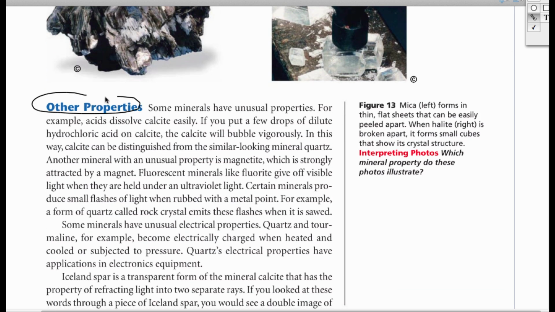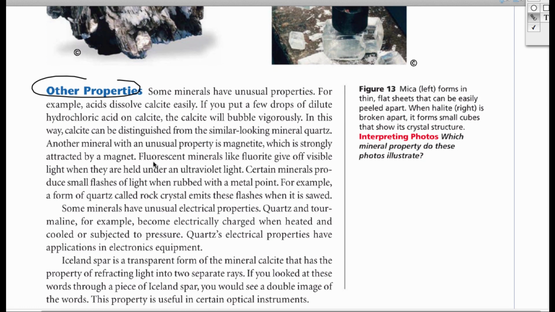There are some other properties, and we might as well mention them here. If you were to test the mineral with acid and it reacts, that might mean that there is an element in there that reacts with acid, and certain minerals do react with acid, others don't, so that might be an indication. Also, we might test for magnetism. We might test it with a magnet to see if there are magnetic properties inside of the mineral.